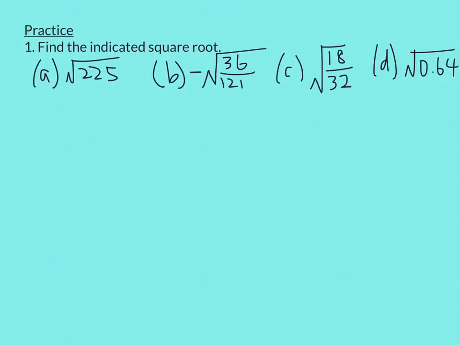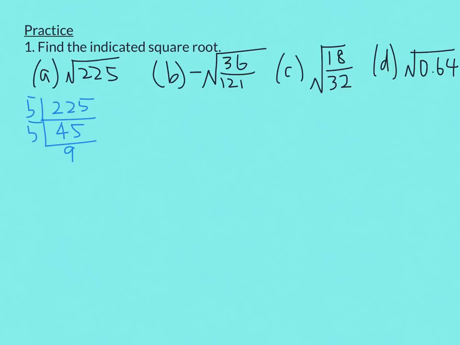So the first example, we have square root of 225. If we know that 225 can be divided by 5. So 225, if you divide it by 5, you end up with 45. And if you divide 45 by 5, you end up with 9.